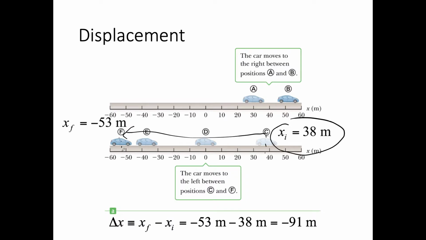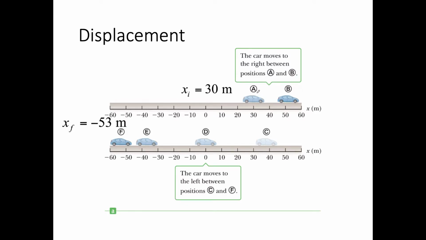By definition, displacement equals final position minus initial position. The final position is negative 53 meters, and the initial position is 38 meters. Putting everything together, we find the displacement from C to F is negative 91 meters.